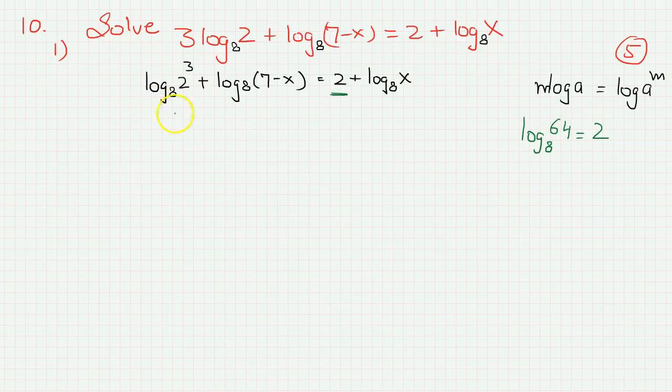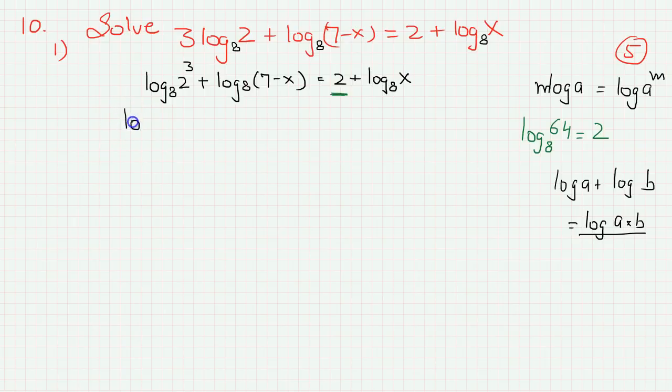Now this is log a plus log b. Log a plus log b, we can write as log of a multiplied by b. So we are going to use this property here.